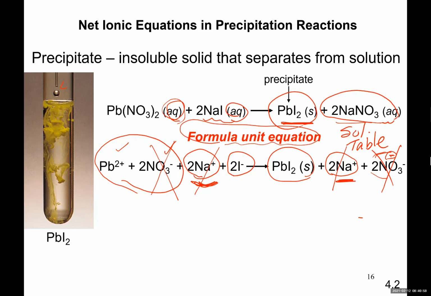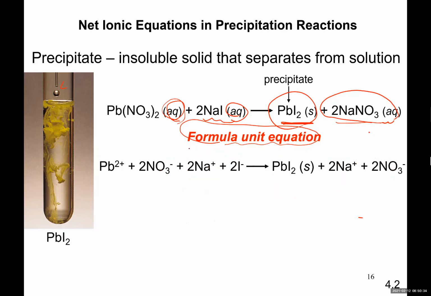So now let's see what is left in our simplified equation. By the way, this equation is called an ionic equation. Why? Because we're dealing with ions. Can I now cancel NO3- and NO3-, and the 2Na+ with 2Na+? They are going to cancel each other.